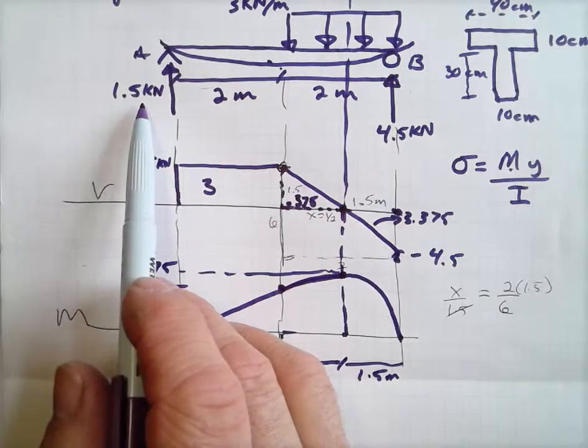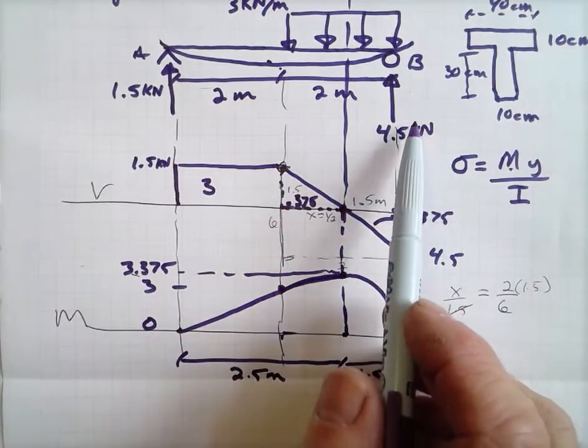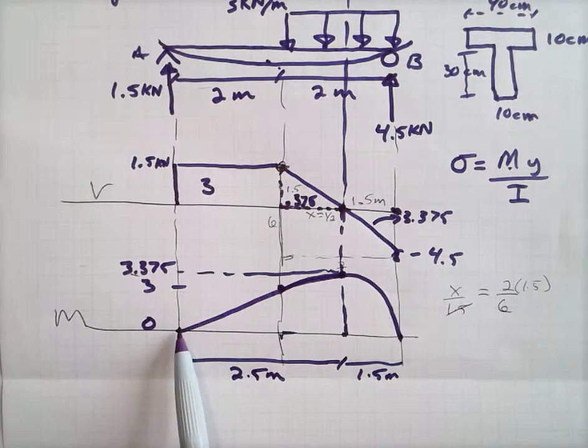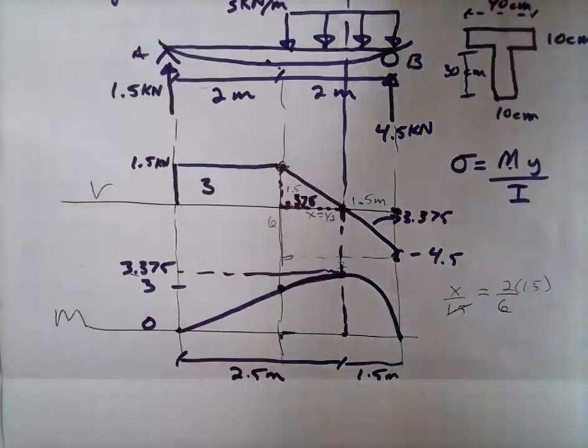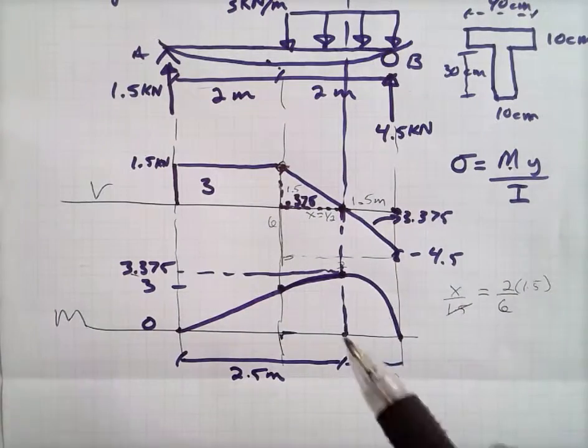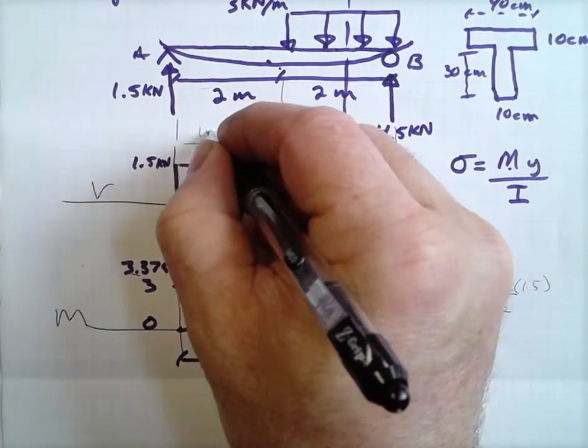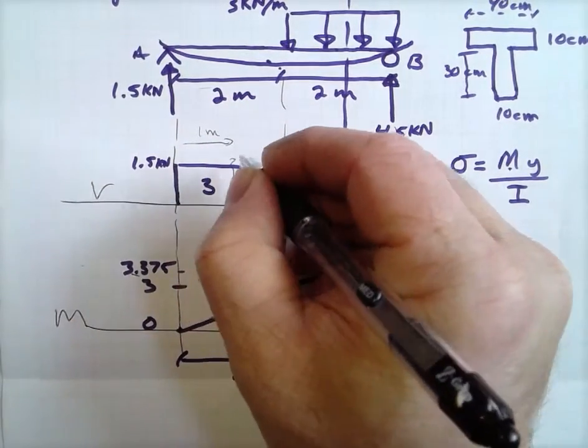We went and calculated the reaction forces. We then drew the shear diagram and the moment diagram. Well, let's pick a point on this beam to calculate the shear stress. Let's just pick this point 1 meter in, and 1 meter in.